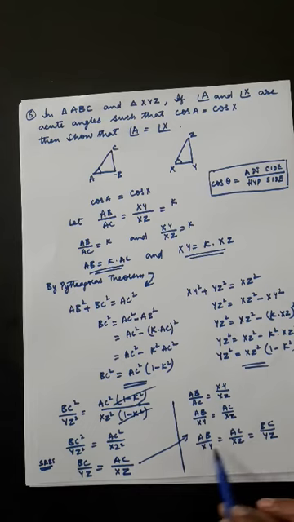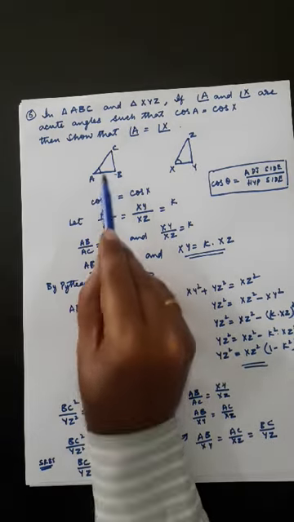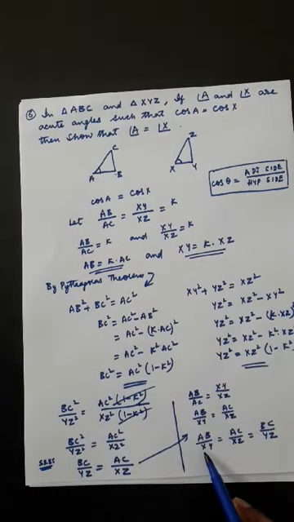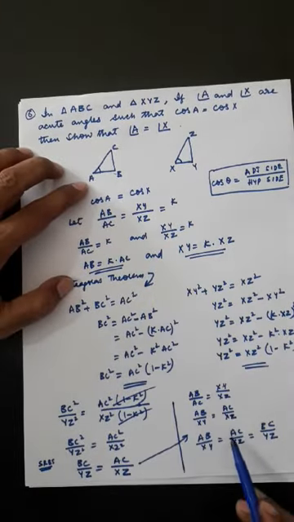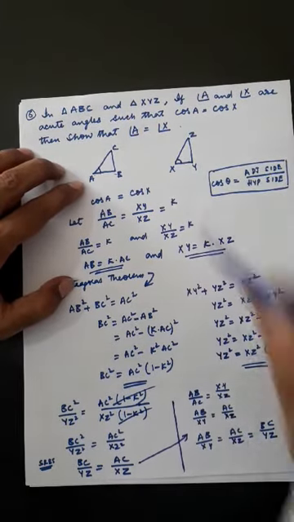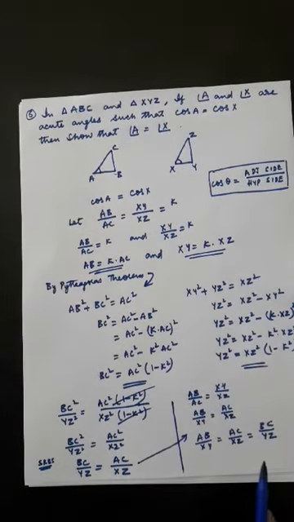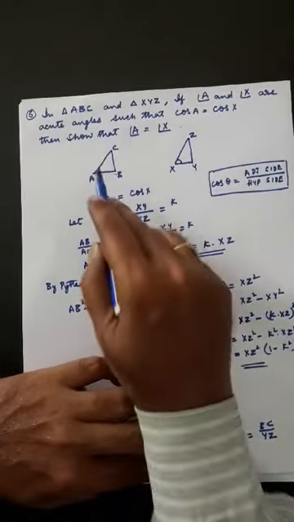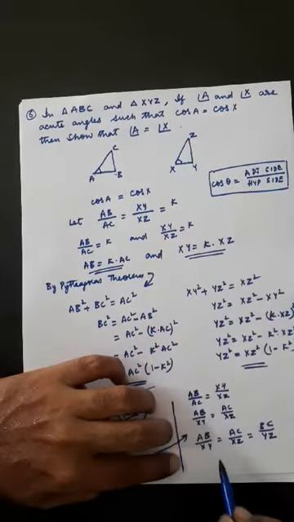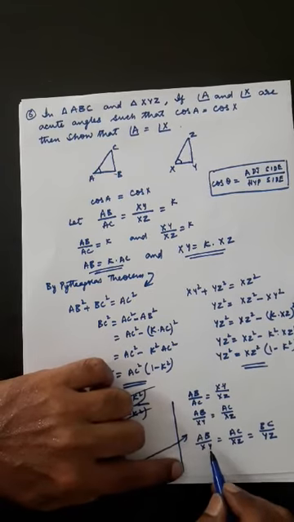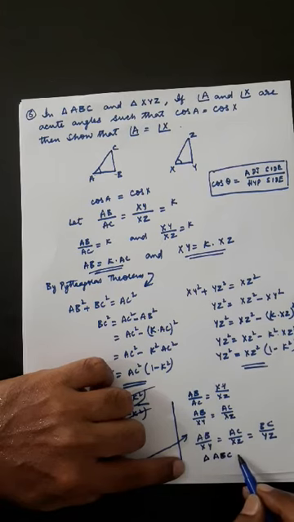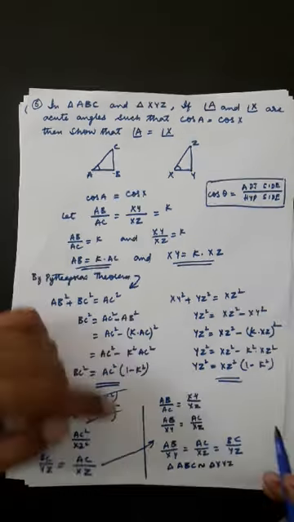So what is shown here? AB by XY, AC by XZ, BC by YZ are all equal. This shows that both these triangles are similar. This means triangle ABC and triangle XYZ are similar.